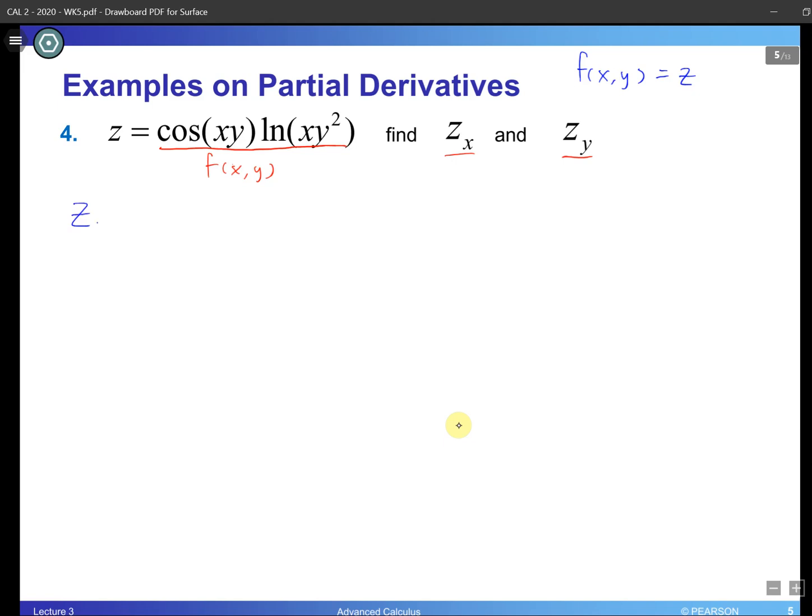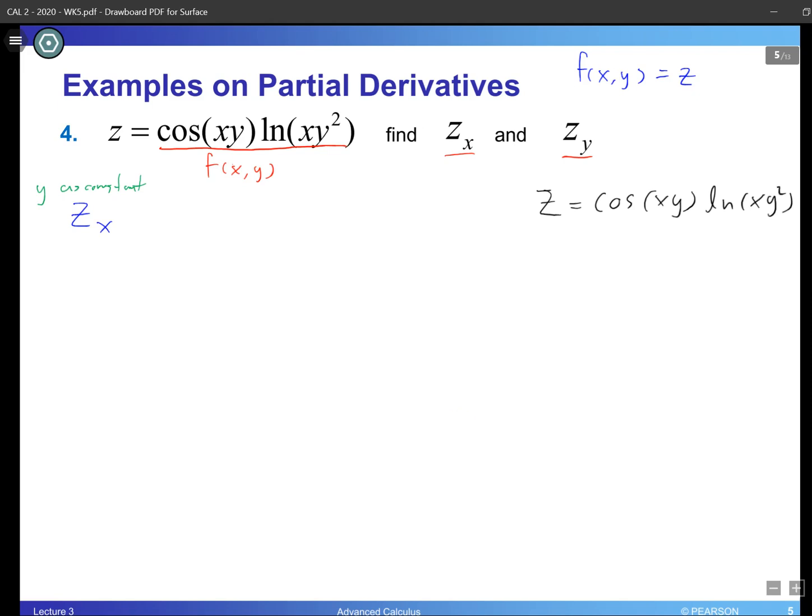z with respect to x first, and of course in this case we are going to treat y as constant. Now I am going to take a look at this equation again to know the places of the x variable. So we have cosine of xy and we have this ln of xy squared.